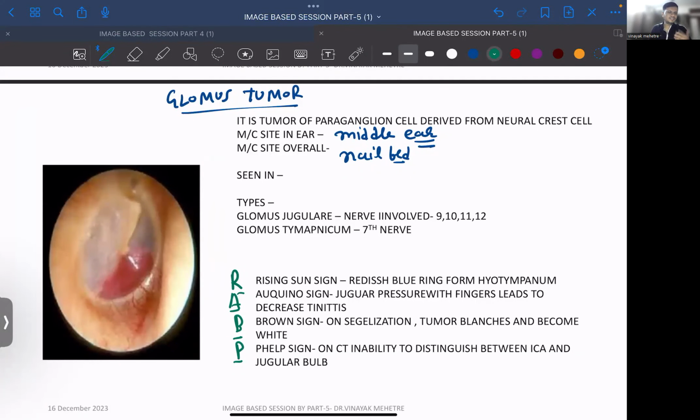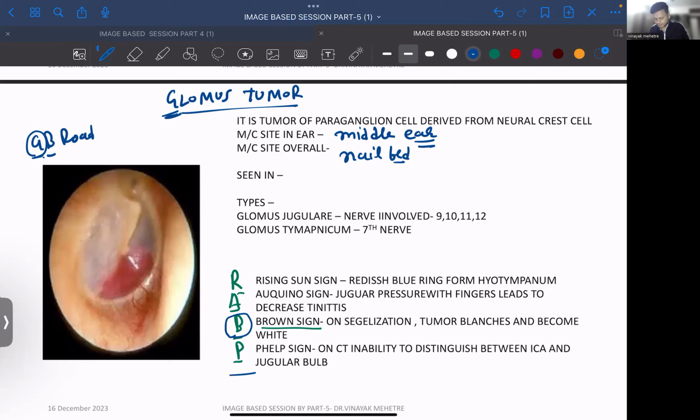Brown sign is seen in which disease? क्या हो रहा है? कौन सा क्या आंसर होगा? ग्लोमस ट्यूमर. If you are not able to remember this mnemonic, at least remember GB road. GB road क्या होता है मत पूछना. Okay, goes for glomus. Okay, GB road, famous area in Delhi.